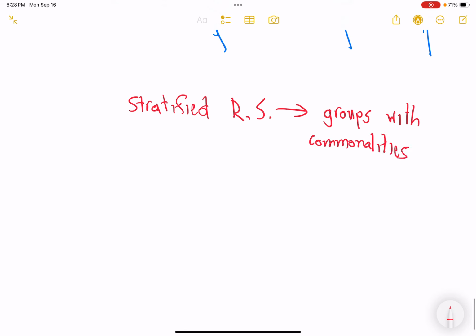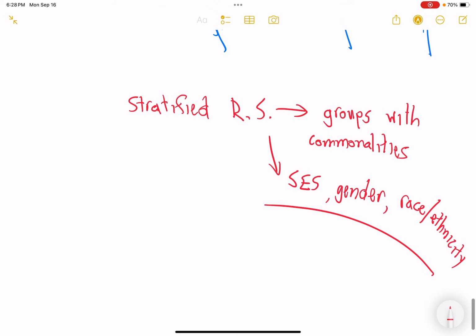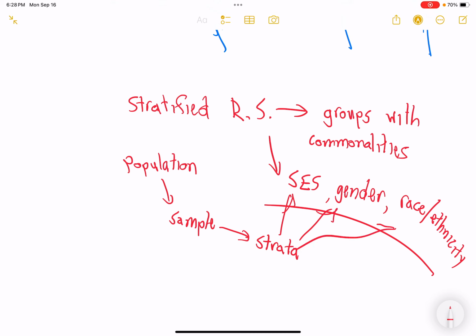And often these commonalities are things like socioeconomic status, gender, race, ethnicity, some quality that we want to study. And so what we do is we separate our population into a sample, and that sample will be made up of what are called strata. These strata are the different groups, right? Whatever it is that we're interested in studying.